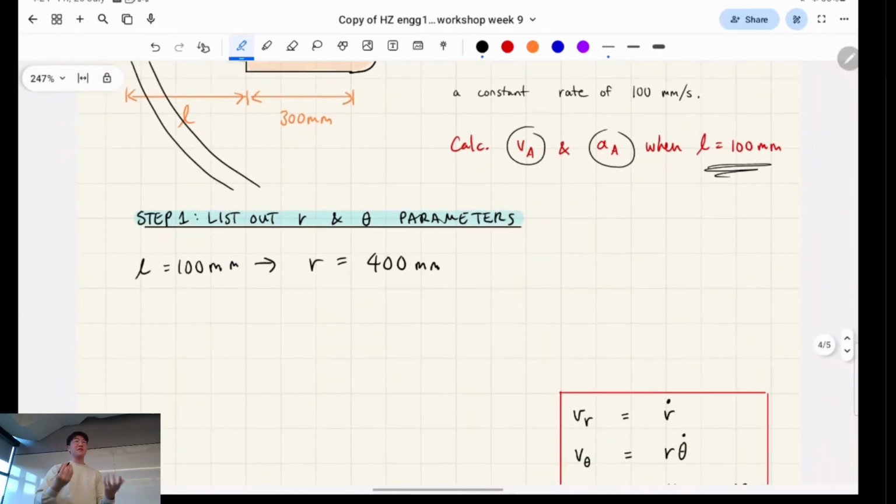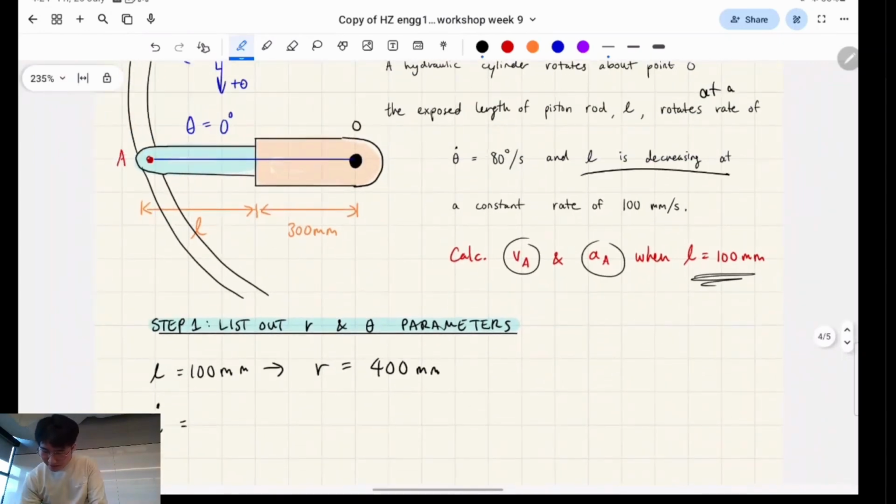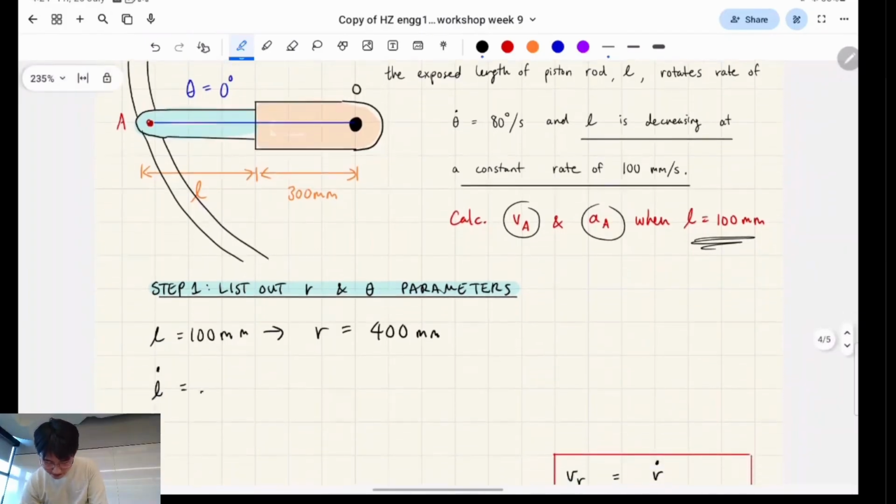We want everything in terms of R. The formulas work in terms of R. Now L dot: L is decreasing at a constant rate of 100 millimeters per second. That means this is shrinking 100 mm per second. But is L dot the same as R dot?